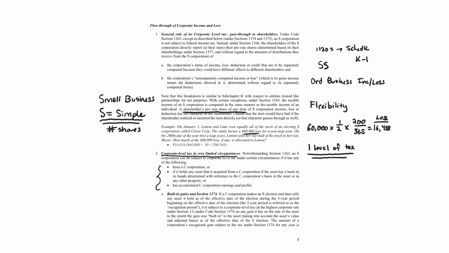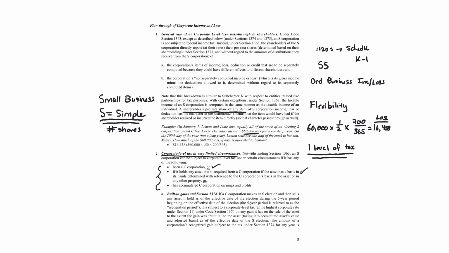The only time you can have double taxation, again, it's very rare, but you can have it, is when the S corporation at some point has been a C corporation, or it's acquired property from a C corporation, and the basis was determined in reference to a C corporation. So usually that means some type of related party transaction or event, or brother-sister entity. And these are all "or."